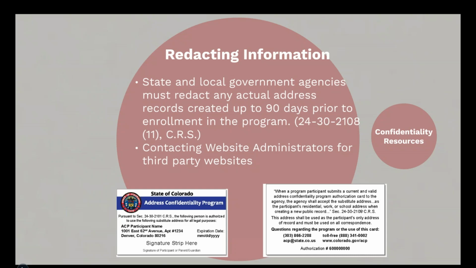There is no requirement for those website administrators to actually remove the information, but they can make that request, and they just need to do a little digging to find out who the website administrator is and how to contact them. And then below here, I just have the image of the authorization card. So if you're not familiar with what that looks like, that is what a participant should have on them and should show if they're making a request to use their substitute address.